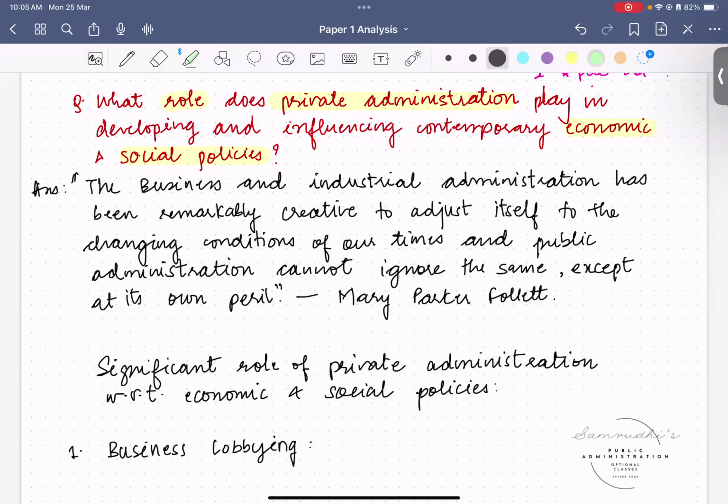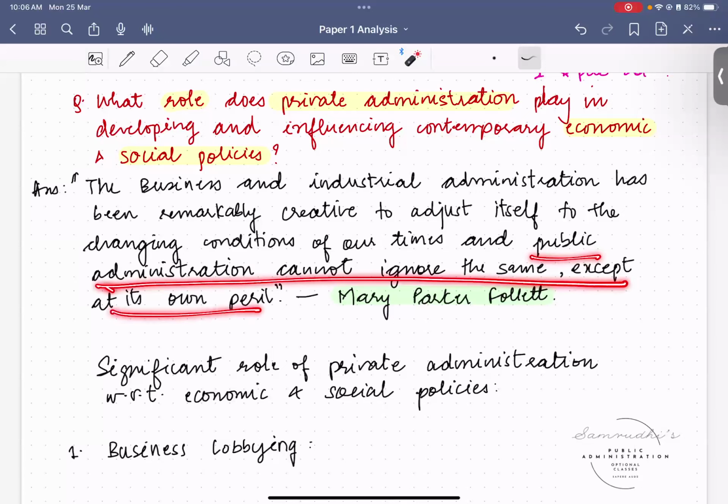Here, Mary Parker Follett has given a very nice excerpt of her views: business and industrial administration has been remarkably creative to adjust itself to the changing conditions of our times, and public administration cannot ignore the same except at its own peril. So what does she mean by that?